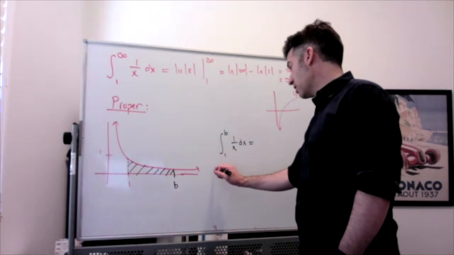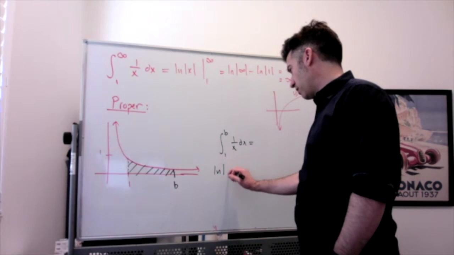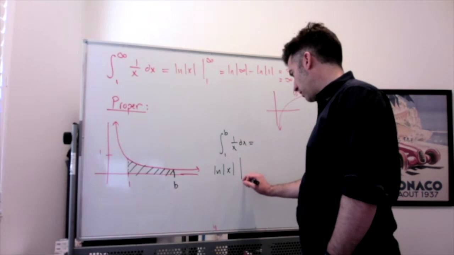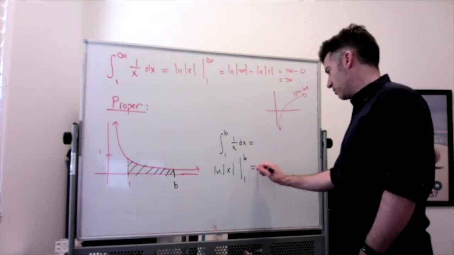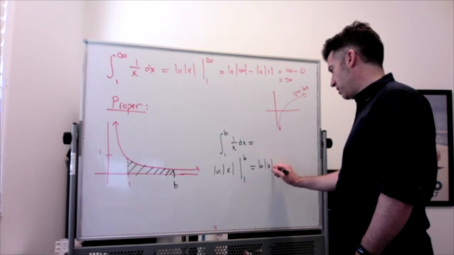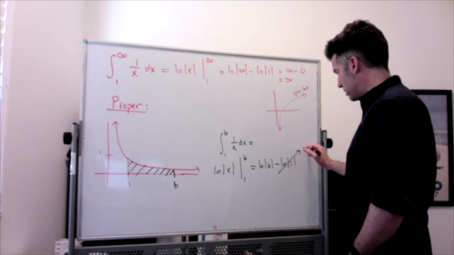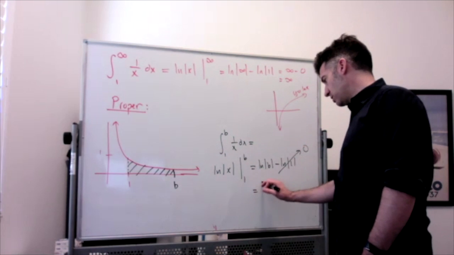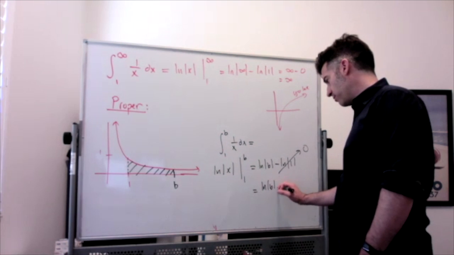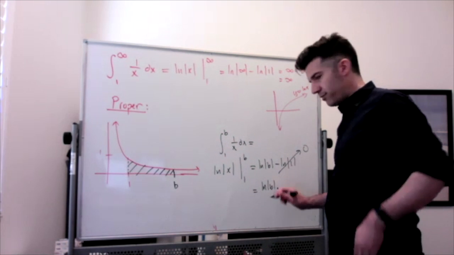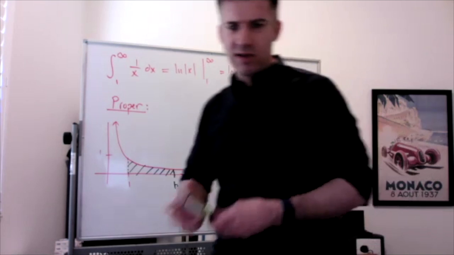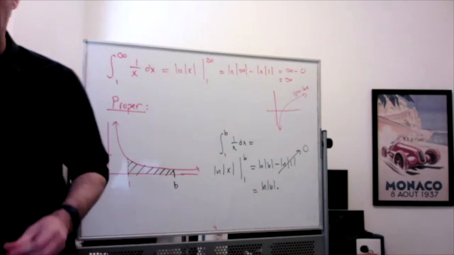So that's going to be the natural log of the absolute value of x integrated from 1 to b, which is the natural log of the absolute value of b minus the natural log of the absolute value of 1. The natural log of 1 is still 0, so it ends up being just the natural log of the absolute value of b. But then you're asking, how do we do the integral from 1 to infinity? Well, we're going to use a limit.